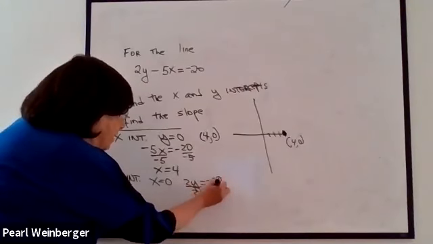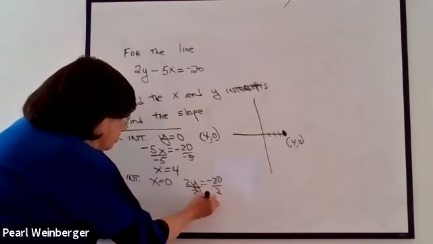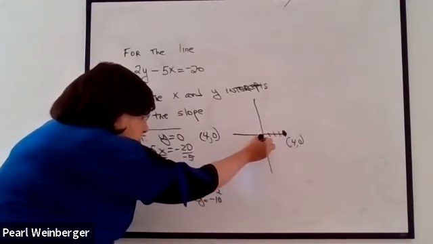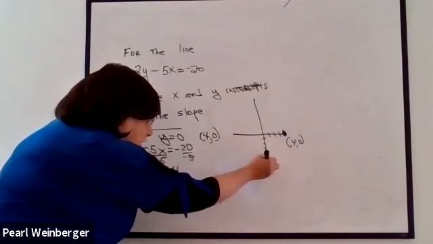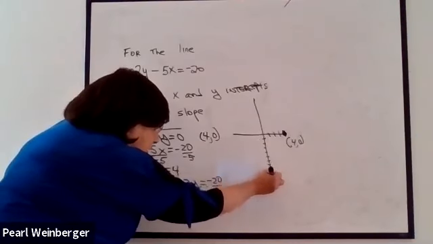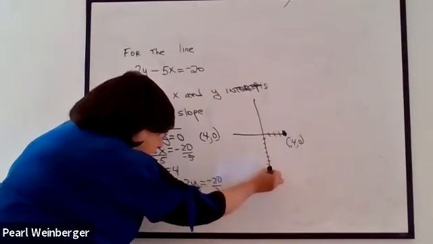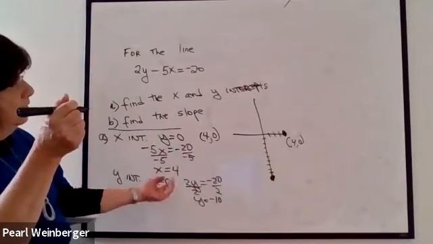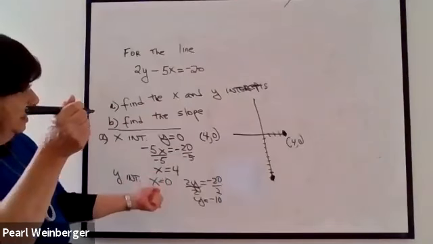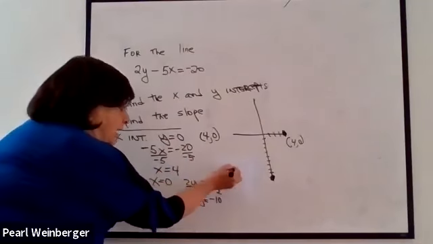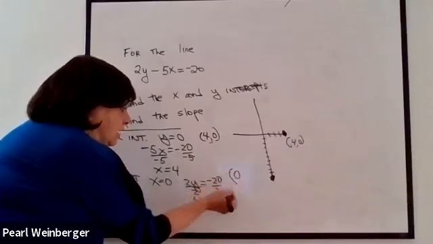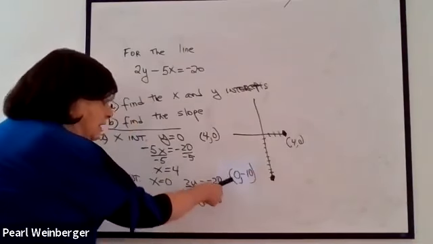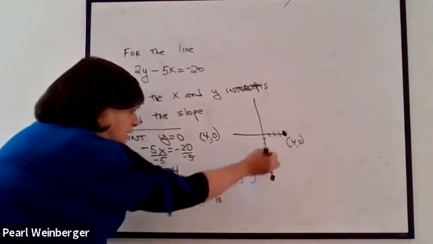When you solve that, you get y equals negative 10. Again, it would be perfectly all right to say that the y-intercept is negative 10, but the more accurate way to put it is to say it's the point (0, negative 10). In this case, the x is 0 and the y is negative 10.